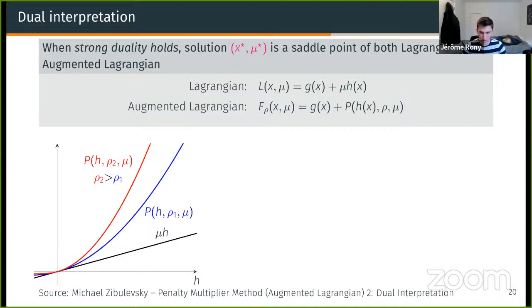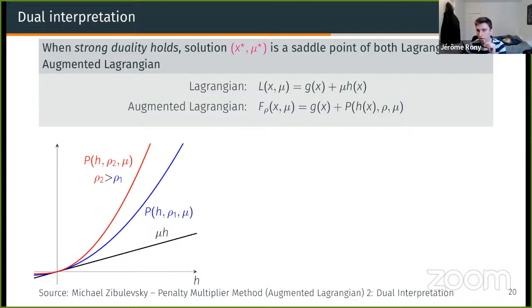Basically, if you have active constraints, so that means you are in the region on the right of the vertical axis, at optimality you have the same multiplier. So it means that you have the same contribution to the gradients. So the solution is the same, and for non-active constraints, the multiplier mu tends to 0, and that means you also get the same solution.